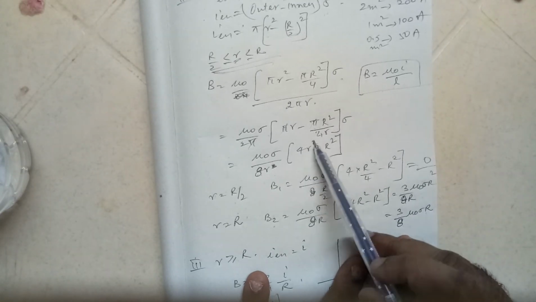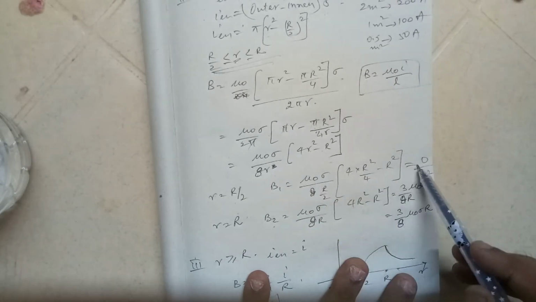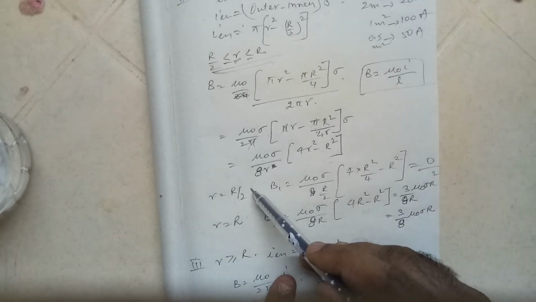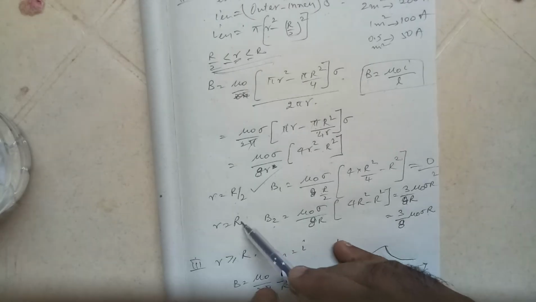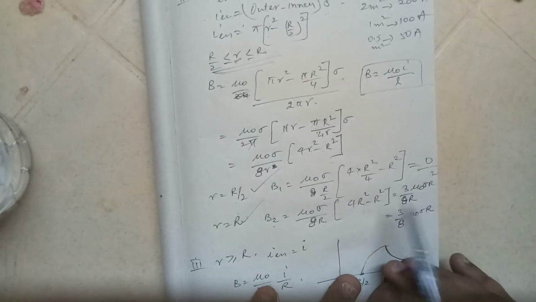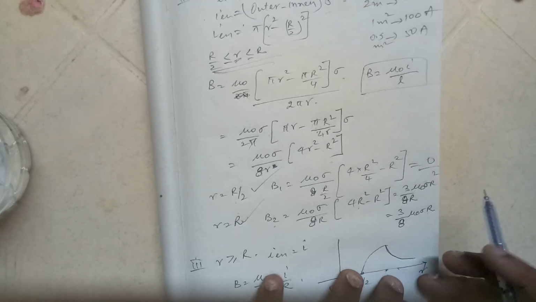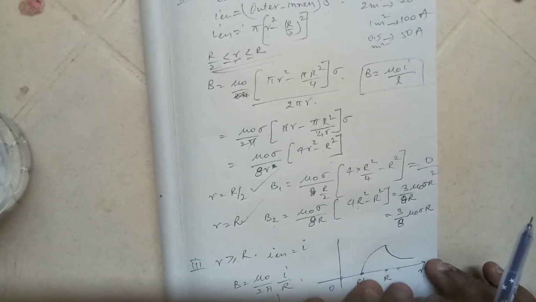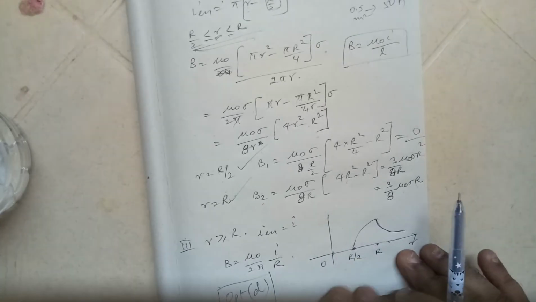So this becomes R square by 4, 4R square by 4, it becomes R square minus R square becomes 0, so it is 0 at r equal to R by 2. If you want to know what is the value at r equal to capital R, you need to plug in the value small r equal to capital R, like I have done here. When you simplify that, you get 3 by 8 mu naught sigma R.